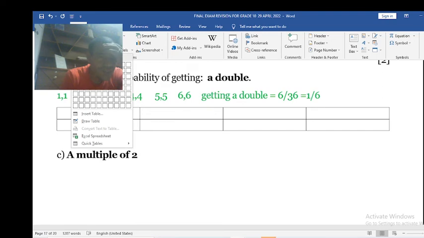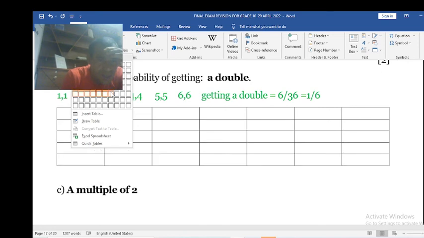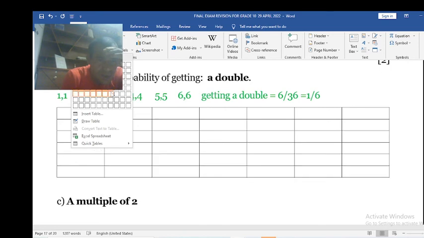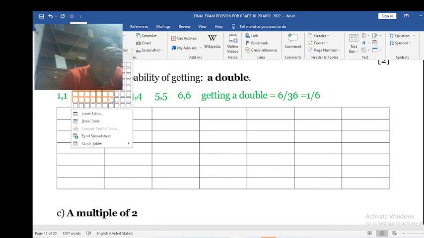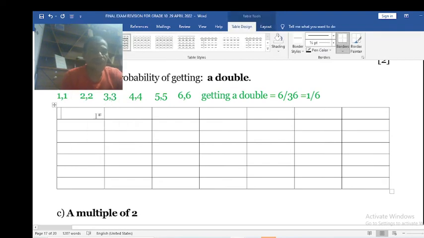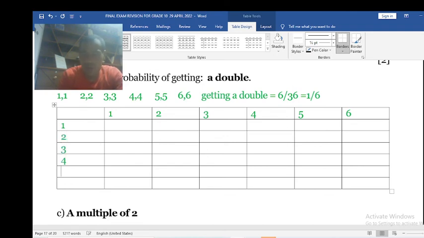This is 1, 2, 3, 4, 5, and 6, and here we have also 1, 2, 3, 4, 5, and 6.